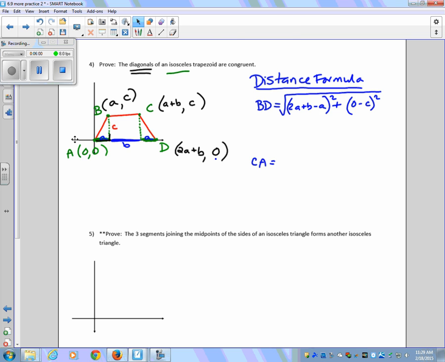And then I can simplify. 2A minus A is just A plus B, squared, plus negative C squared, which is just C squared. And we still have the square root sign over it.